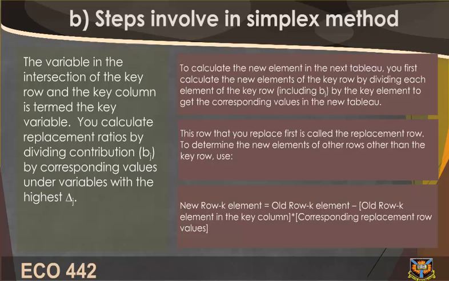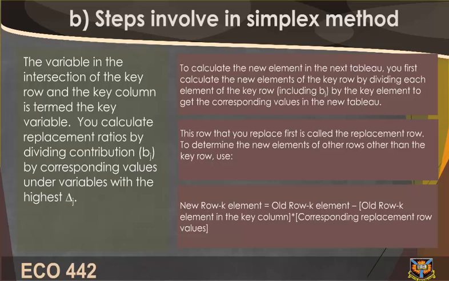To calculate the new elements in the next table, you first calculate the new element of the key row by dividing each element of the key row, including Bj, by the key element to get the corresponding values in the new table. This row that you replace first is called the replacement row.